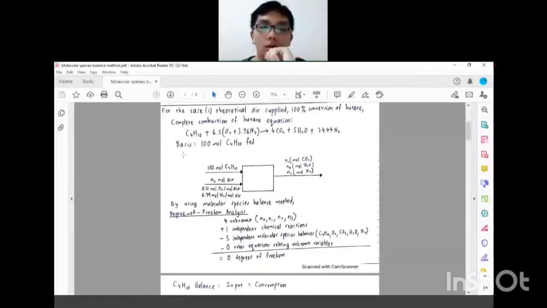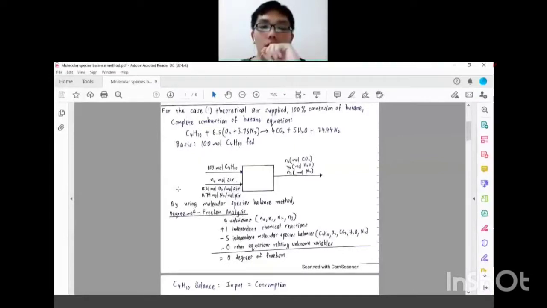Then 100 moles of butane is fed as the basis of calculation to the combustion reactor. And this is the flow chart that I have drawn.